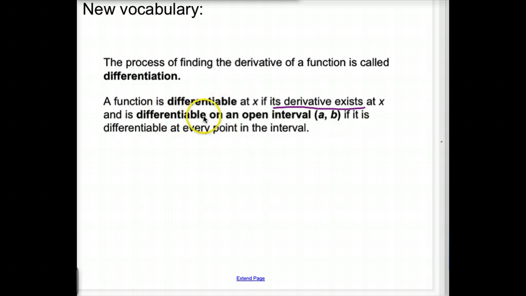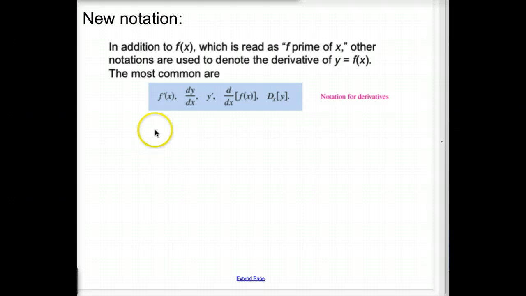And it's differentiable on an open interval if it's differentiable at every point in the interval. We'll talk about differentiability in a minute. Differentiability is basically when can you take a derivative and when can you not take a derivative. So what I'm asking you is when can you find a tangent line and when can you not find a tangent line? Okay. So here's our new notation.